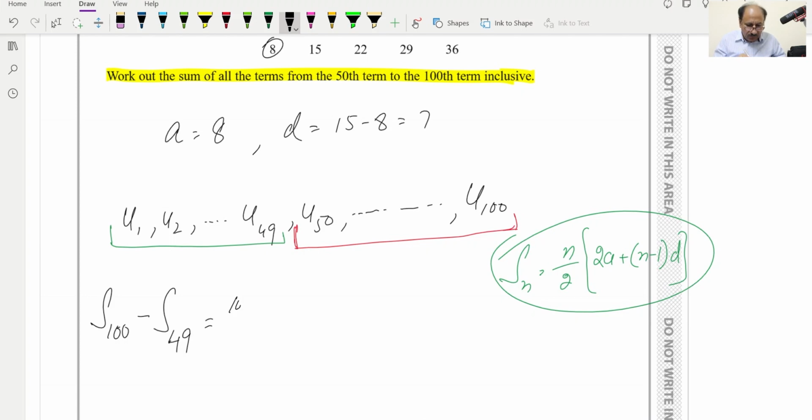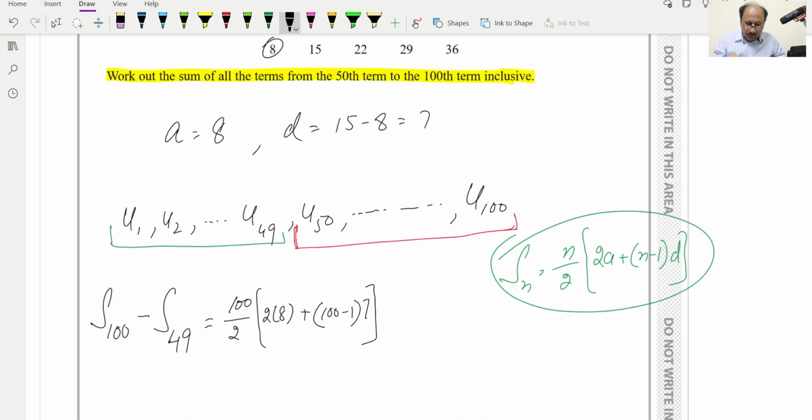Sum of 100 will be n divided by 2, so n is 100, divided by 2, and this will be 2a. So a is 8, so 2 into 8 will be 16, or I am writing 2 into 8 so that you can understand, plus n minus 1, so 100 minus 1, and multiply by d, which is 7.